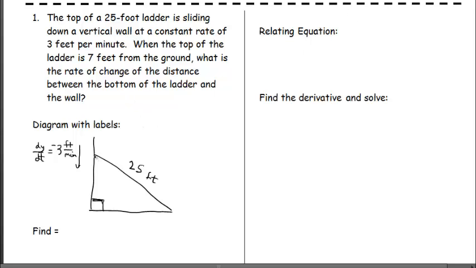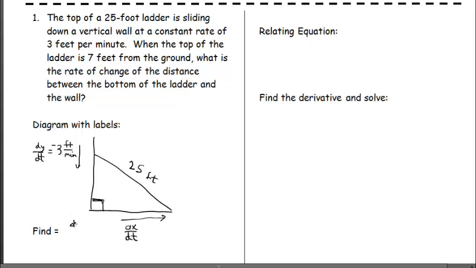All right, so when the top of the ladder is 7 feet from the ground, when it's somewhere about right here, we want to know the rate of change of the horizontal component. I mean, what's the rate of change of x with respect to time?